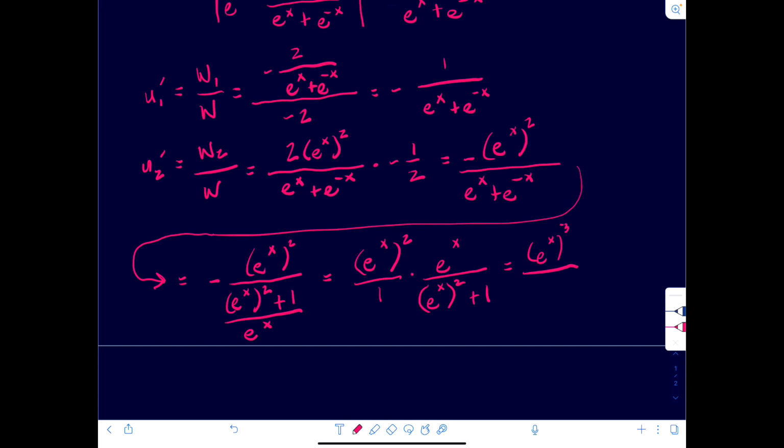All right, so this is how it'll shake out. What I'm looking at here is potentially doing partial fraction decomposition, first long division. And then let's go up to u1 prime. Similarly, we're going to end up getting e to the x over e to the x squared plus 1.